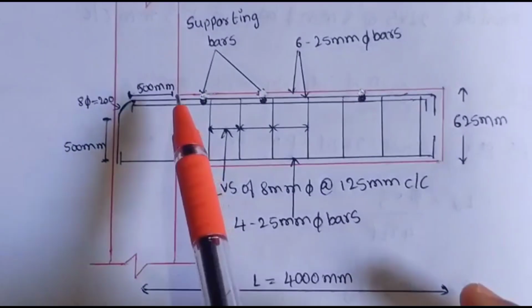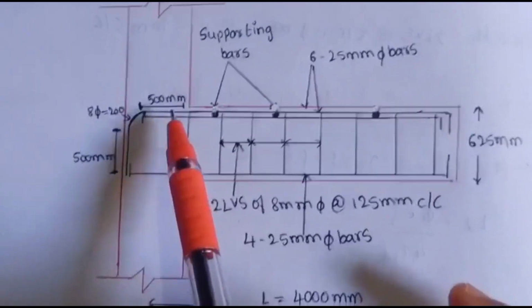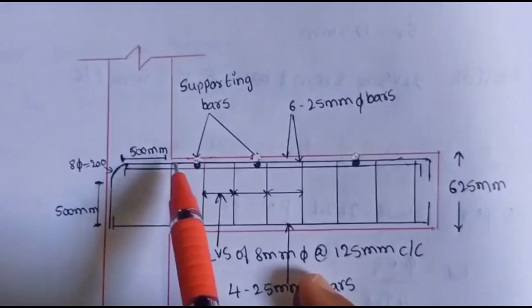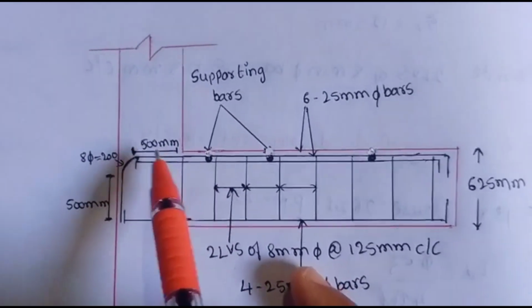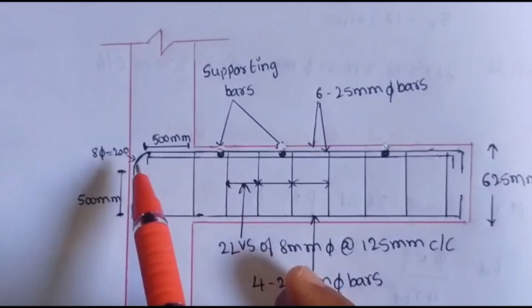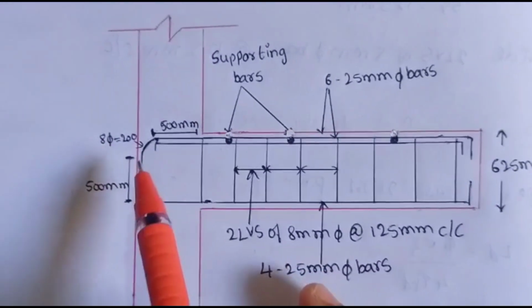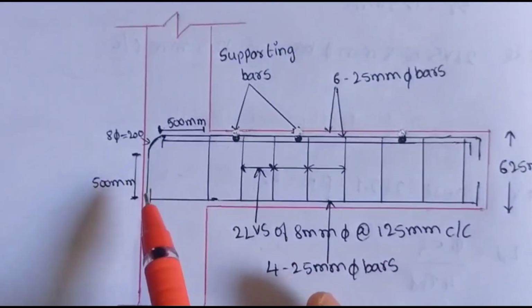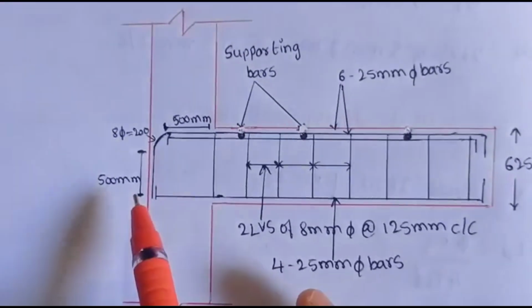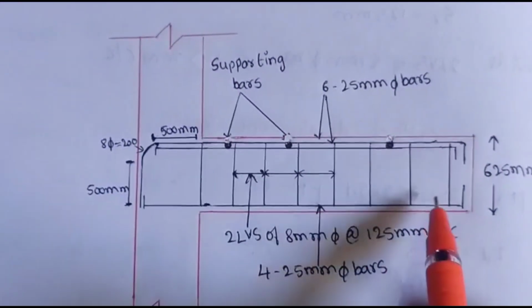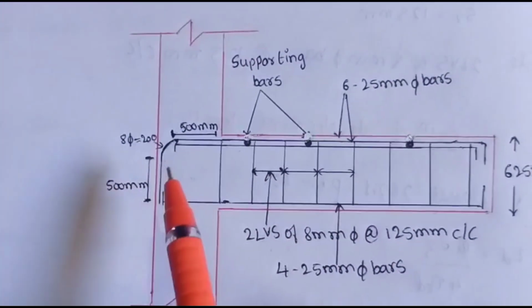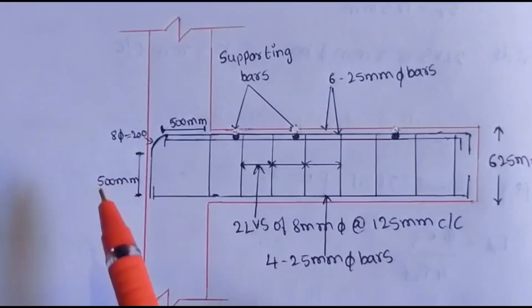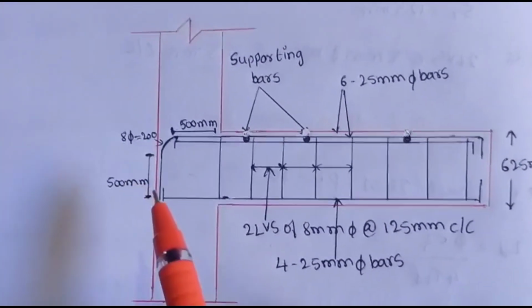I have extended the main tension reinforcement into the column to a length of 500 mm, and it is bent at 90 degrees, extended up to 200 mm, and after that extended up to 500 mm. Our overall depth of the beam is 625 mm, so we cannot directly provide our LD length of 1200 mm.